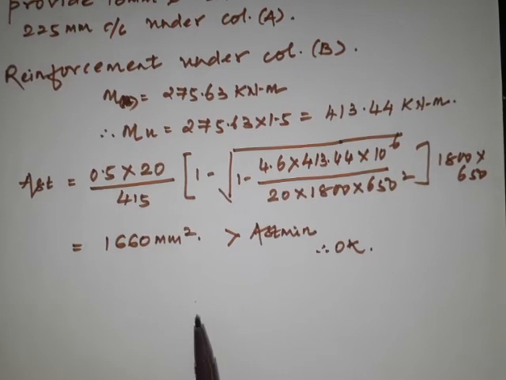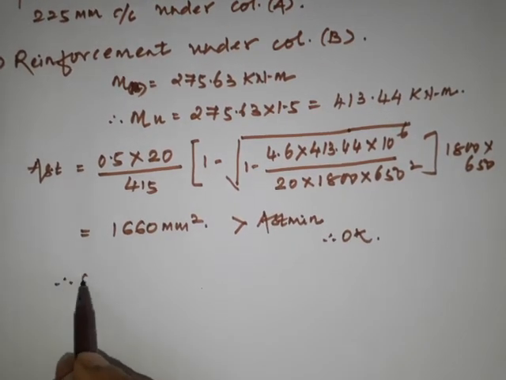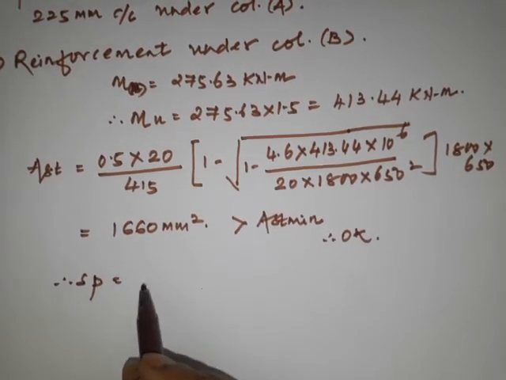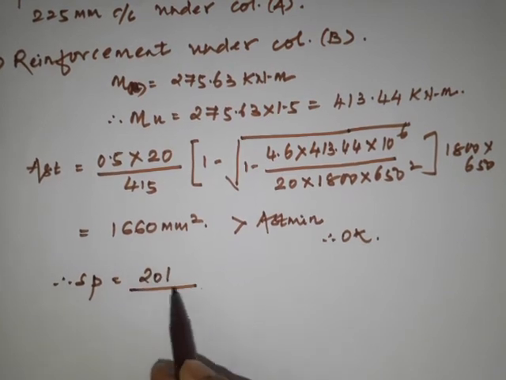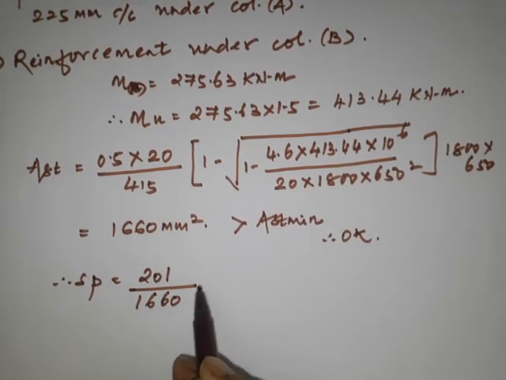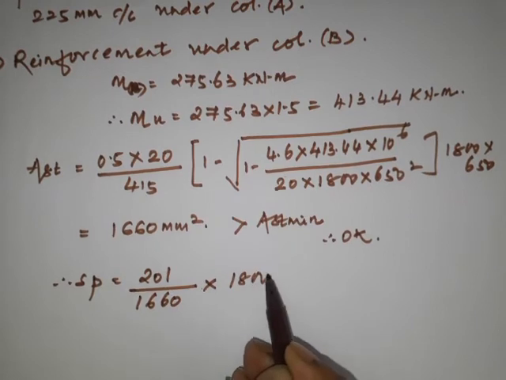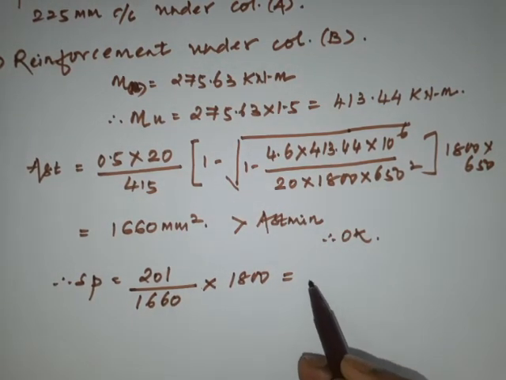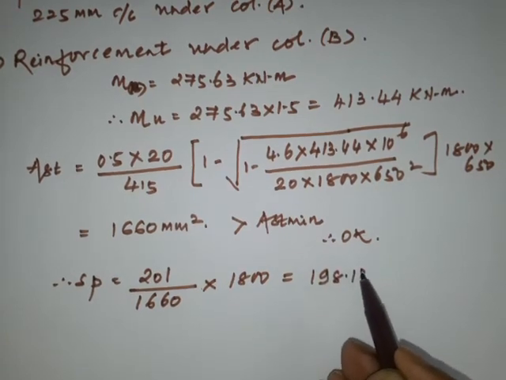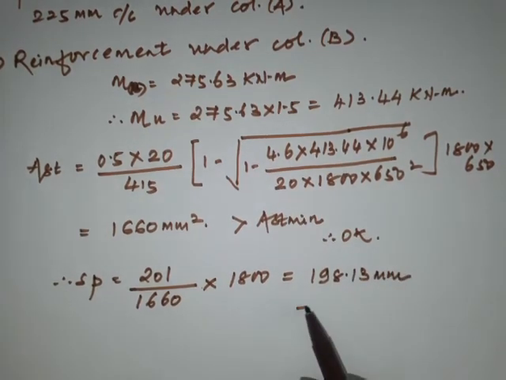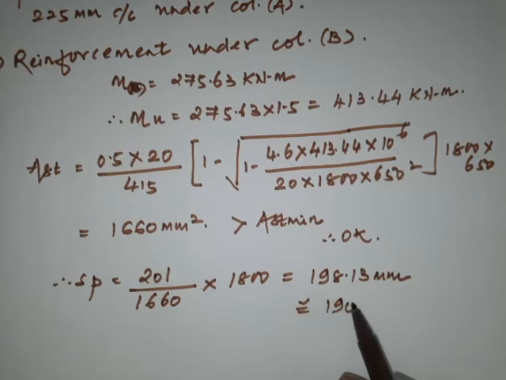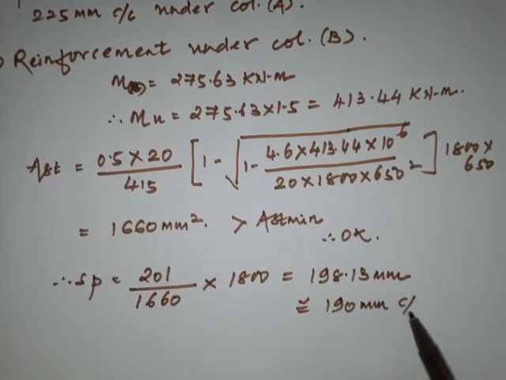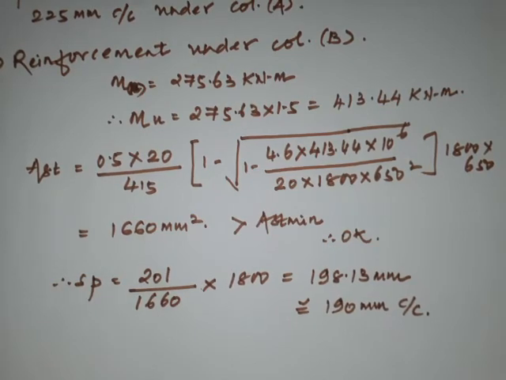So let us calculate spacing now again. So therefore spacing is equal to 201 divided by 1660 into B 1800. So we'll get this as 198.13 mm. So we'll get this as 190 mm center to center. Correct.